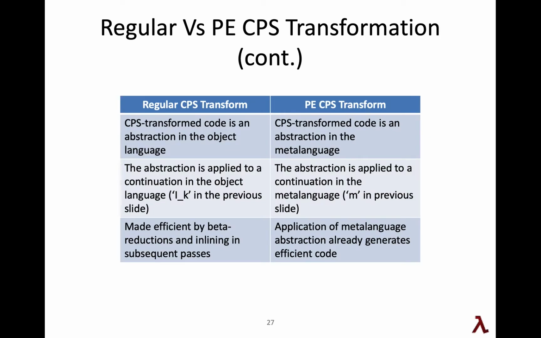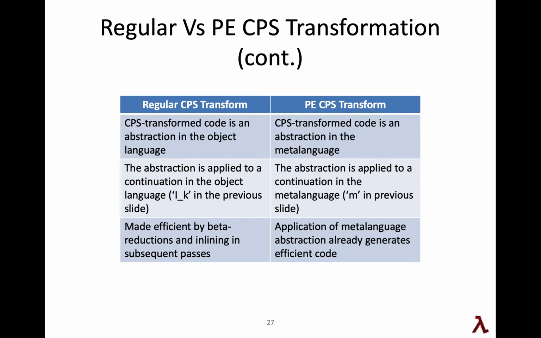So if you look at what are the differences between a regular transformation and a PE CPS transformation. The first thing is that the CPS transformed code is actually an abstraction in the object language. So the execution environment is aware of this abstraction and executes this abstraction, whereas in the case of PE CPS transform, the CPS transformed code is an abstraction in the metalanguage, and the compilation process itself executes the abstraction.